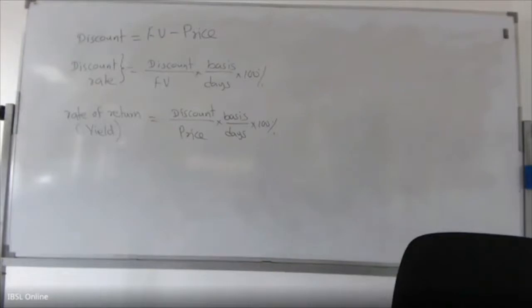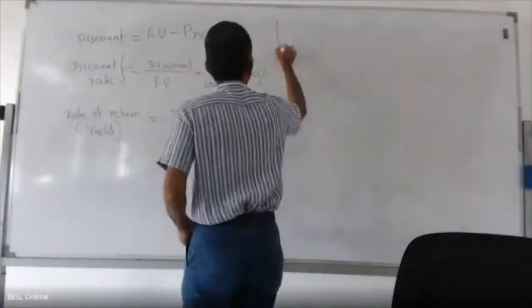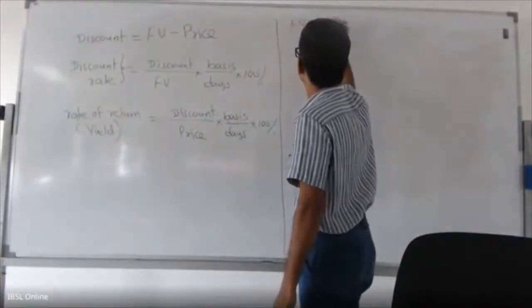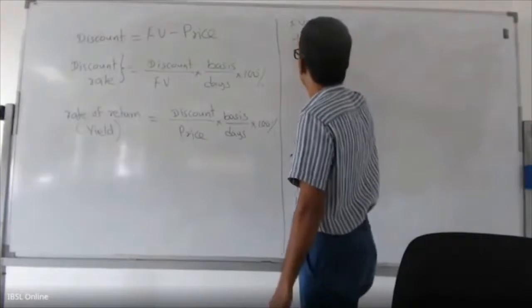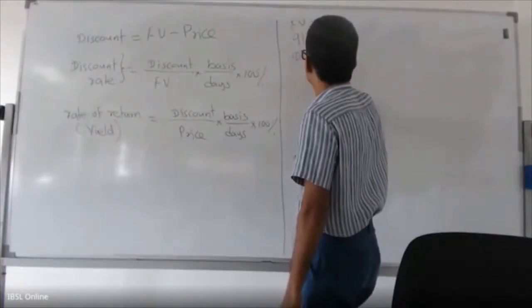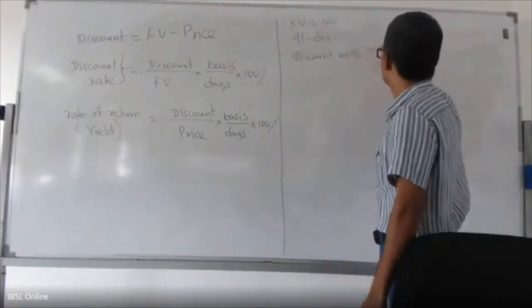Now we'll do the reverse calculation. What does it mean? When the discount rate is given, how do we calculate the price in treasury bills? Say face value is 100, 91 days, discount rate 5%.